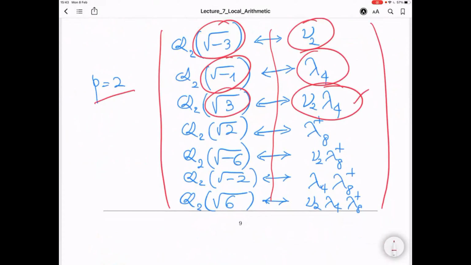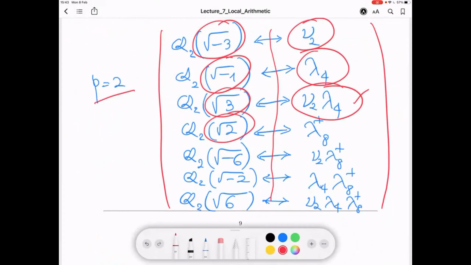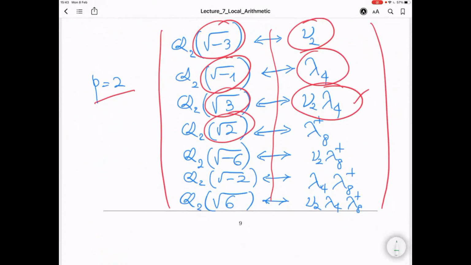Or you could look at this one, and so maybe I use a different colored pen. I use this one and this one. So this one is being sent to lambda 4, and this one is being sent to lambda 8 plus. Is minus 2 being sent to lambda 4 times lambda 8 plus, right?